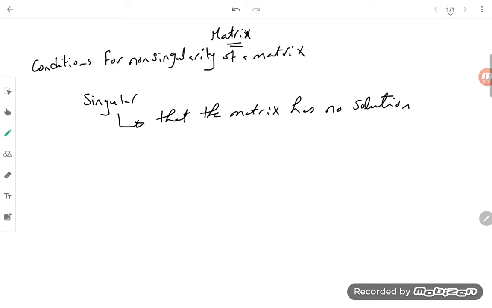So in order to be able to solve a matrix, it needs to be non-singular. So what are the conditions for non-singularity of a matrix?